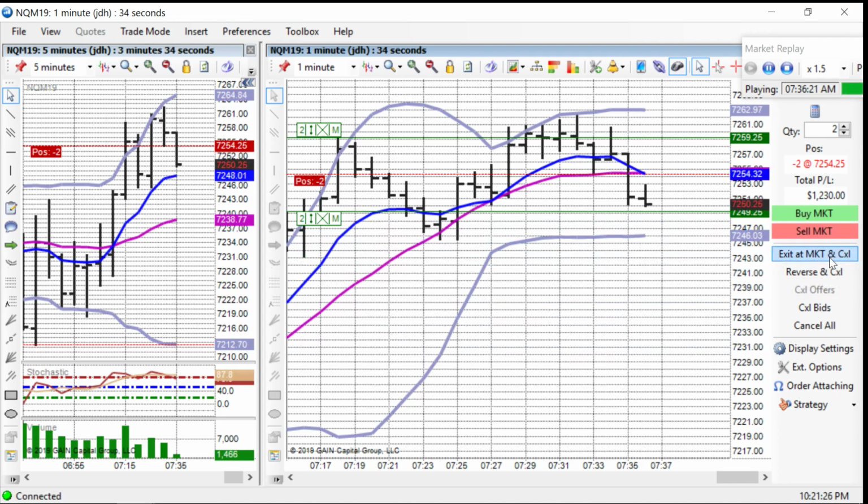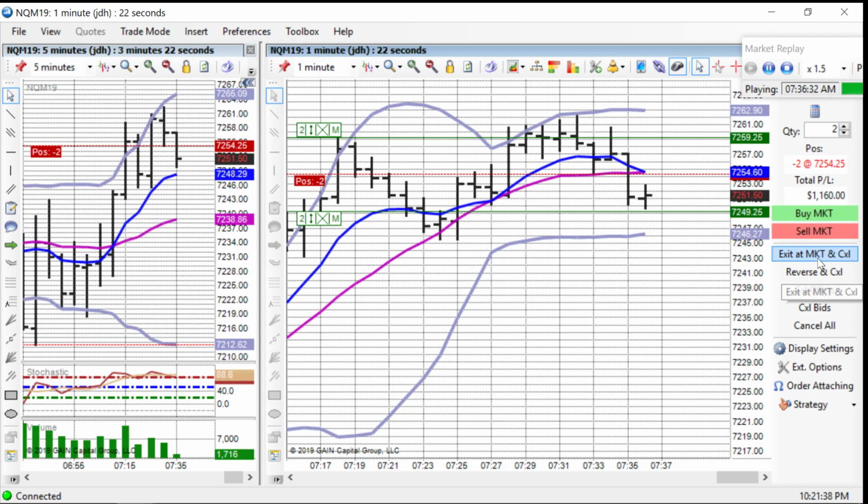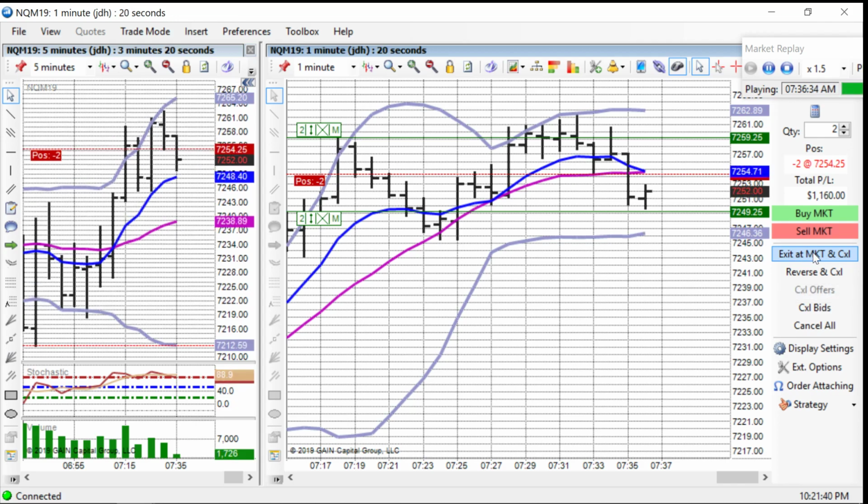In live trading, I would always have my cursor on the exit in case that wants to reverse, and at least I would get out at some profit there. I still think it's got a little bit in it though.